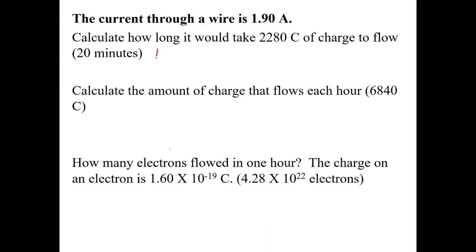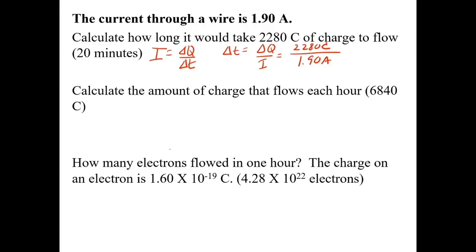So we're going to go back to our formula. I is delta Q over delta T. And we want the time. So we're going to rearrange the formula, do a little bit of algebra magic. T is delta Q over I, 2280 coulombs over 1.90 amps.